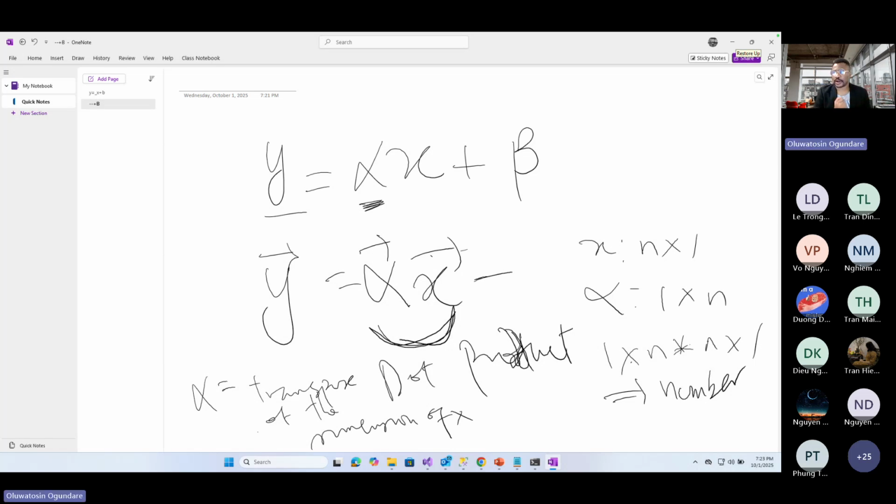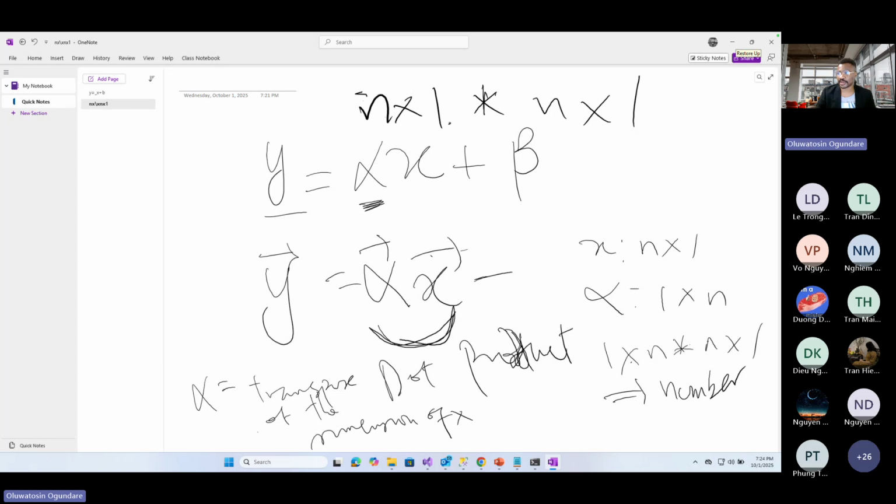Okay, so from last time, thank you, Atran, for helping us remember what we talked about. We learned that if you multiply two vectors together, you do a dot product. And usually you transpose one vector so that you can have a vector multiplication, because it is impossible to multiply n by 1 by n by 1.